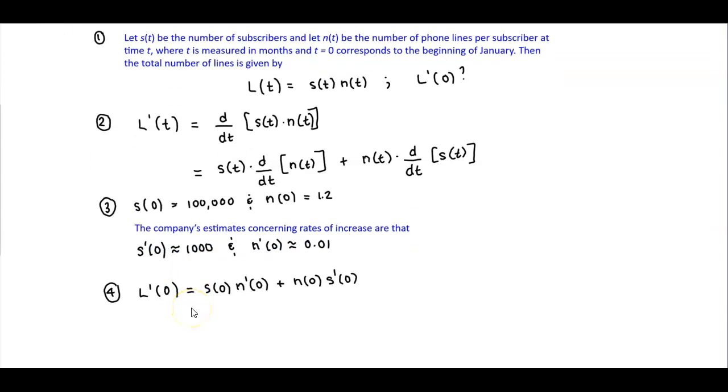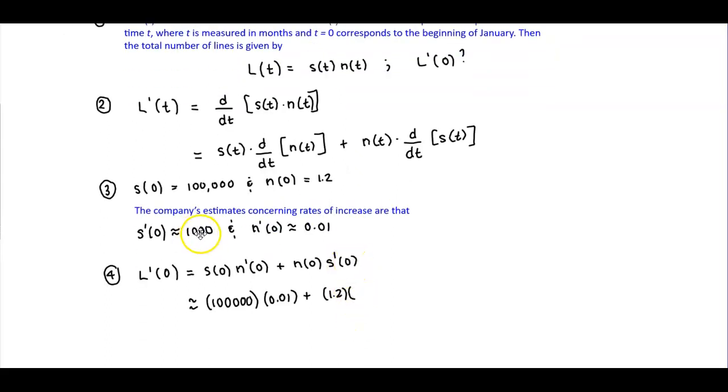Again, this is an approximation. We know that S of 0 from our problem is equal to 100,000 times N prime of 0, which is 0.01, plus N of 0, which we know is equal to 1.2 from the given information, and then S prime of 0 is equal to 1,000.